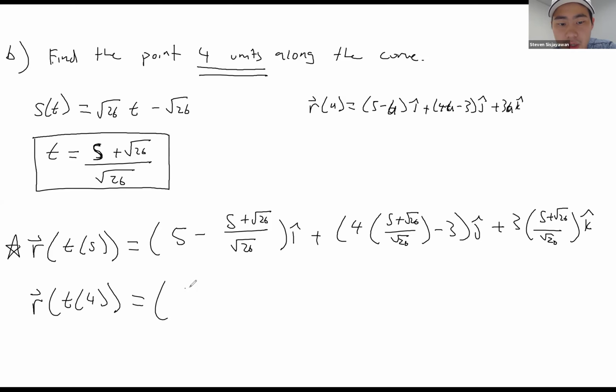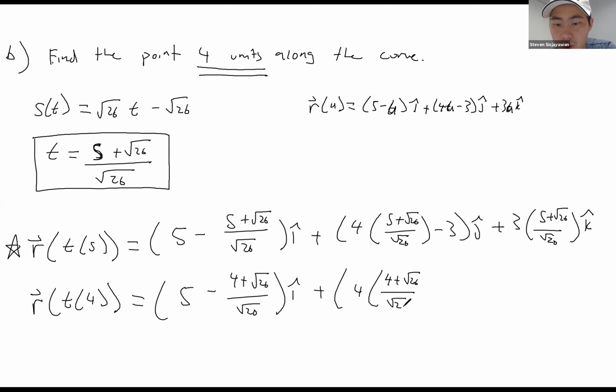So it'll be 5 minus 4 plus square root of 26 all over square root of 26 i hat plus 4 times 4 plus square root of 26 all over square root of 26 minus 3 j hat plus 3 times 4 plus square root of 26 all over square root of 26.